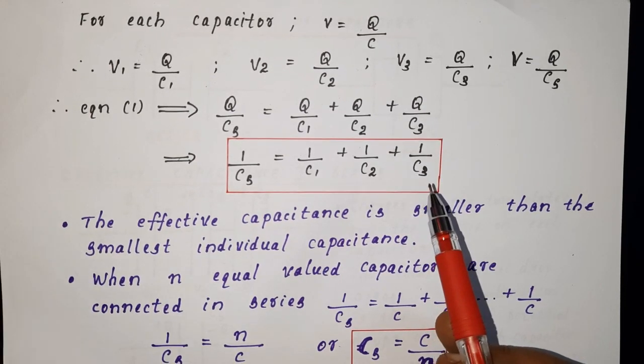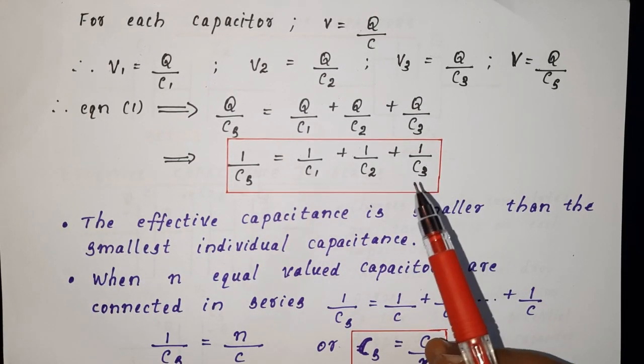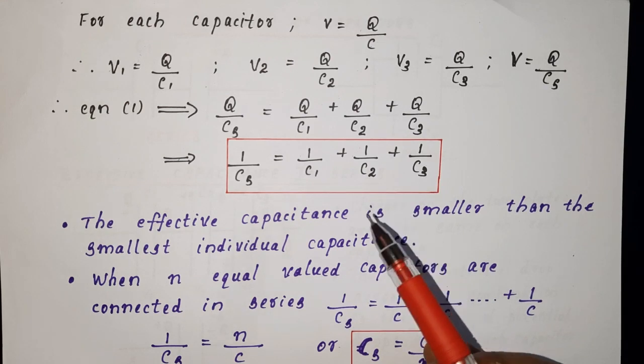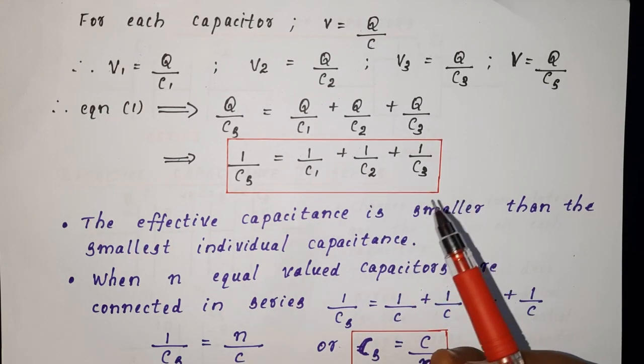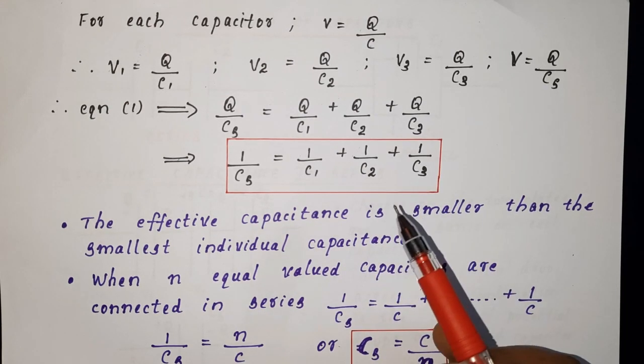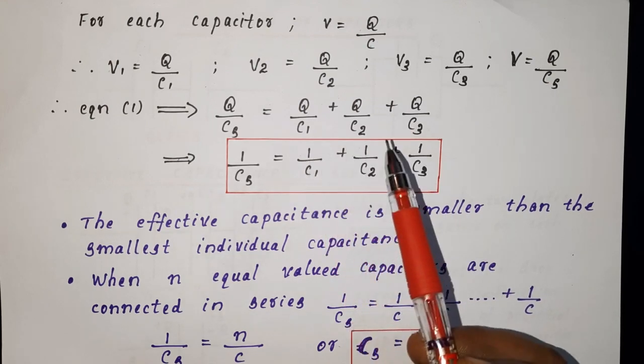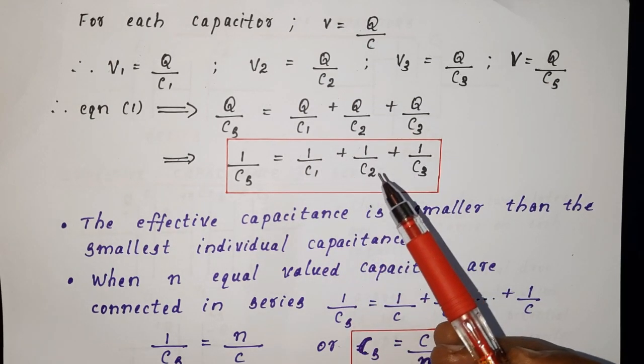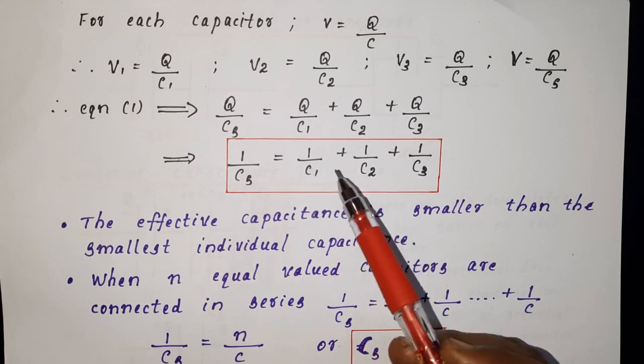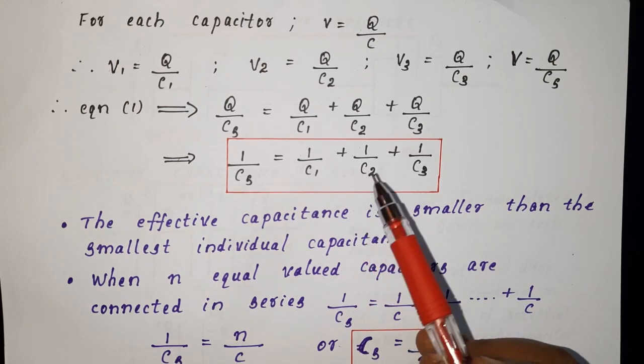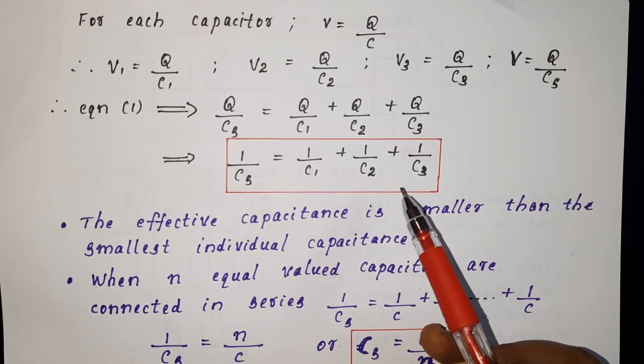Very important equation. When the capacitors are connected in series, the reciprocal of the effective capacitance is equal to the sum of reciprocals of individual capacitances.